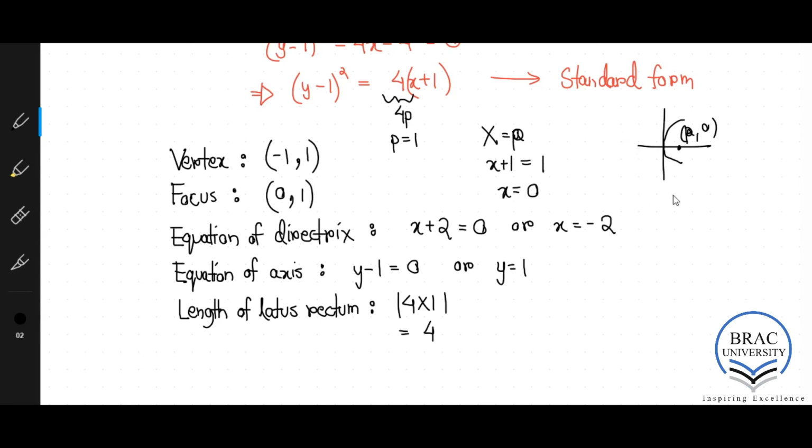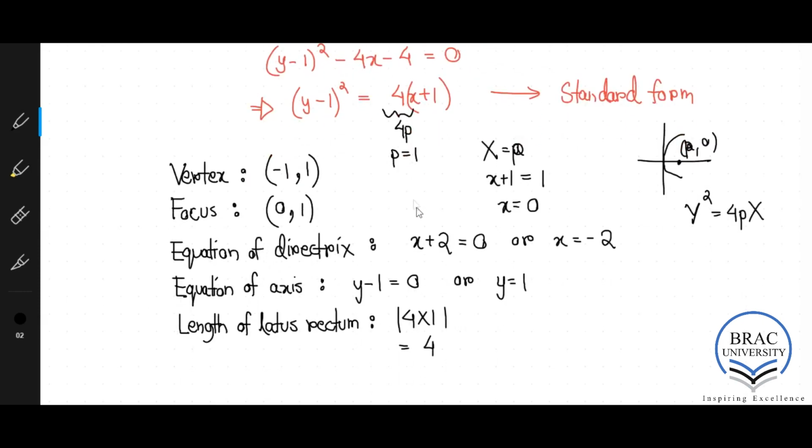So we can basically use the standard equation without any shift and interpret an equation with the shift. So you can work out the rest in the same manner.